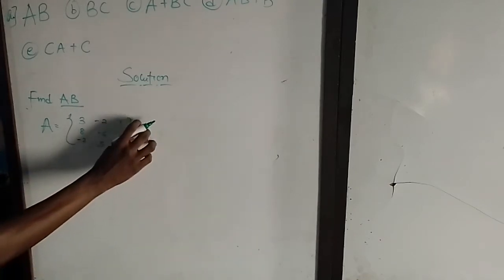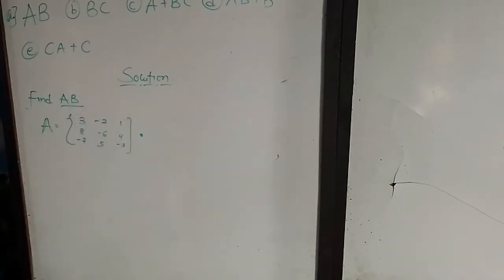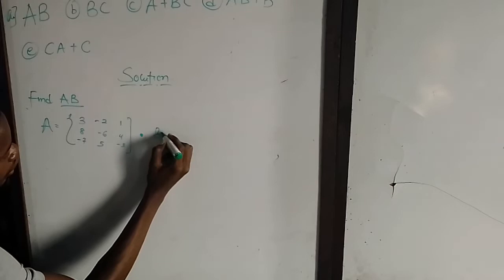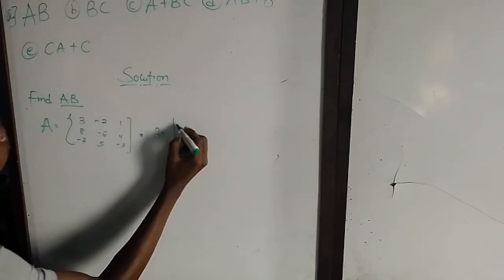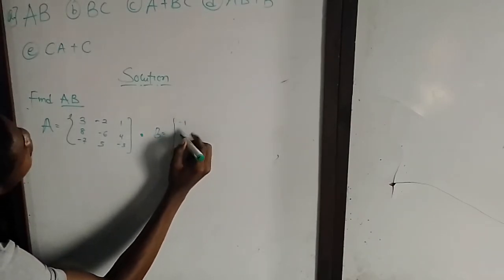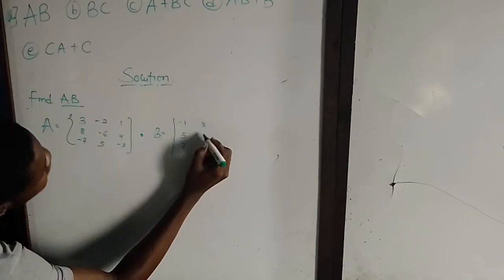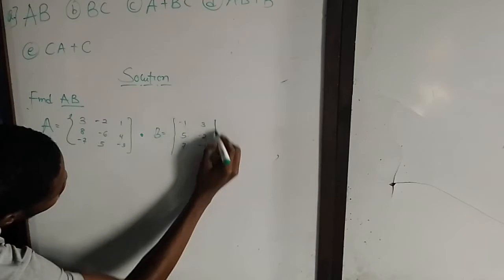When you see dots in the middle of 2 matrices, it is multiplication. So we are going to say our B is equals to minus 1, then 5, 7, then 3, minus 2, minus 4.